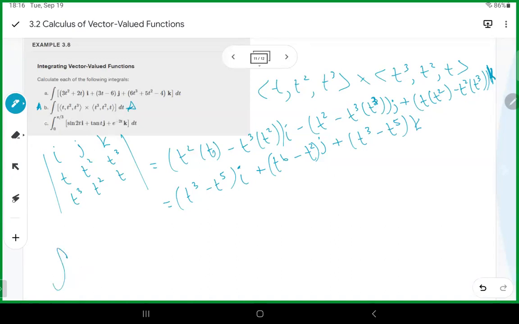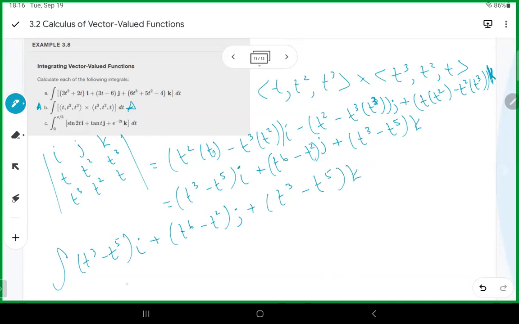So the integral of t cubed minus t to the 5th i plus t to the 6th minus t squared j plus t cubed minus t to the 5th k.